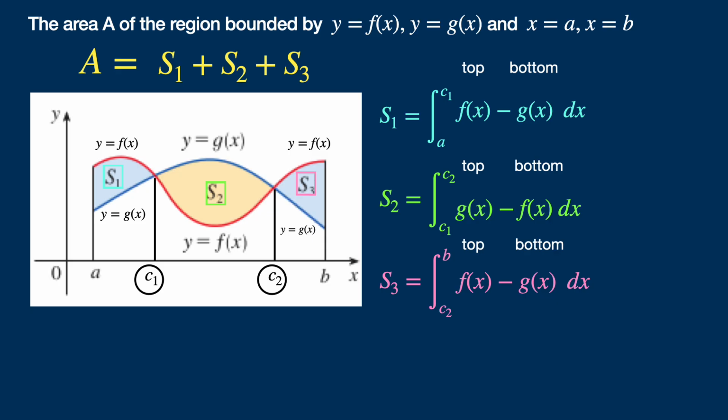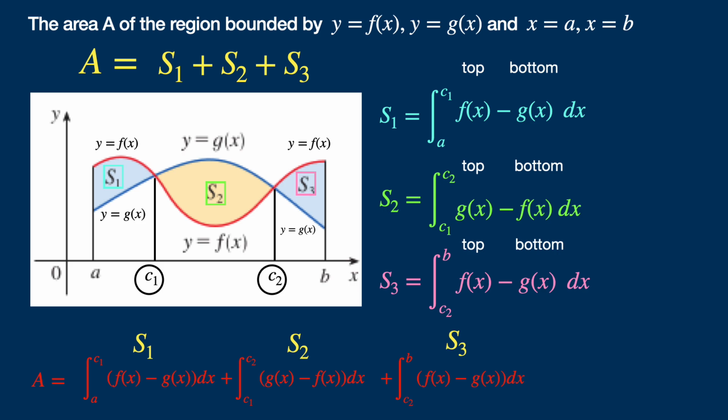Guys, keep in mind the area can be negative, so you have to make sure you split the interval. What is the top function? What is the bottom function over each interval? So what is area A? You have S1, from a to C1, f of x minus g of x dx, plus S2, interval C1 to C2, g of x minus f of x dx, plus S3, from C2 to b, f of x minus g of x dx.